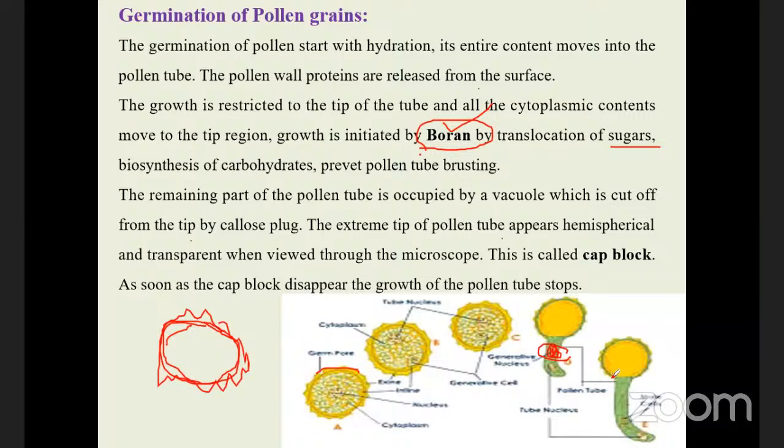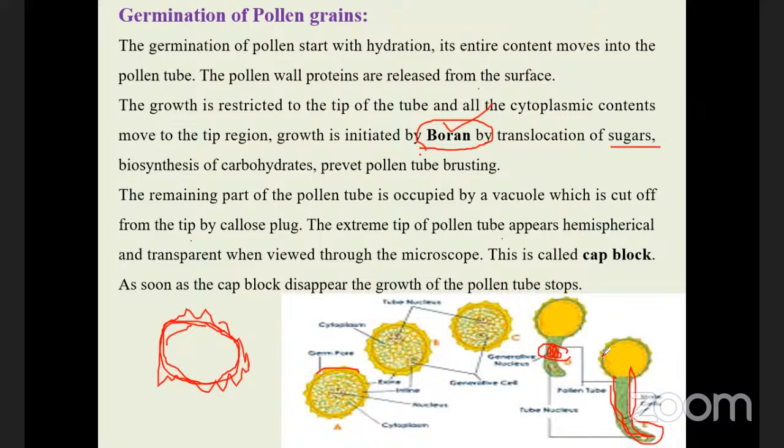With the pollen germination that takes place, in the pollen tube three nuclei are there: the tube nucleus and two male gametes. The tube nucleus initiates pollen germination and forms the pollen tube, and the two male gametes fuse, one with the egg cell and one with the secondary nucleus.